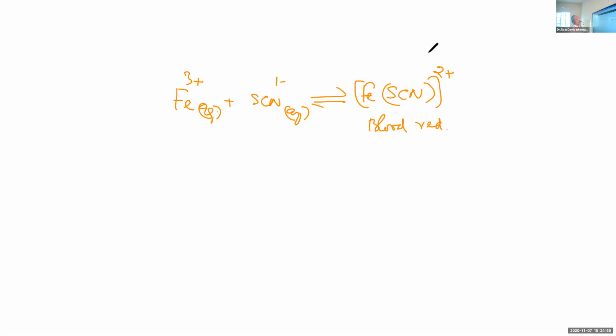Now, into this equilibrium, you add a small amount of oxalic acid. A small amount of oxalic acid is added.